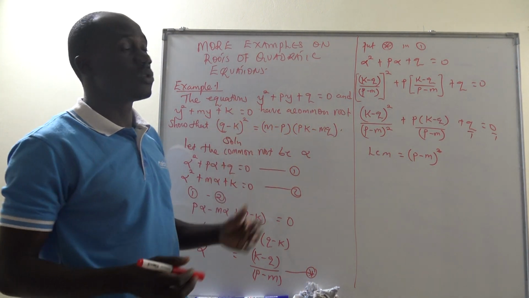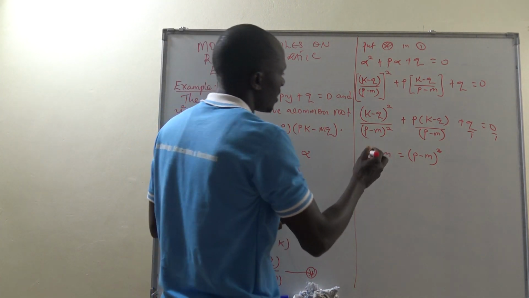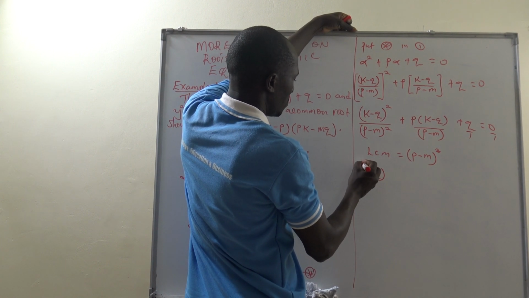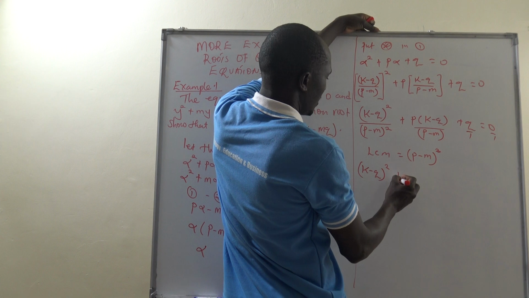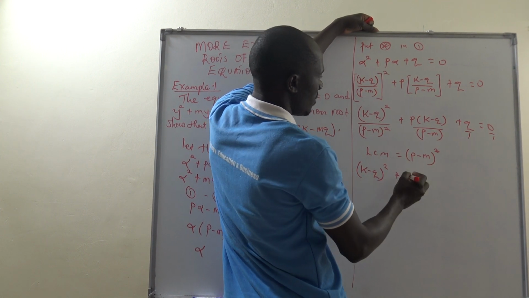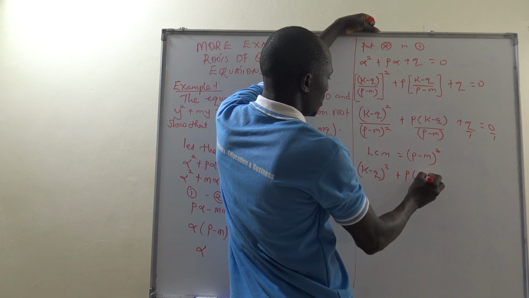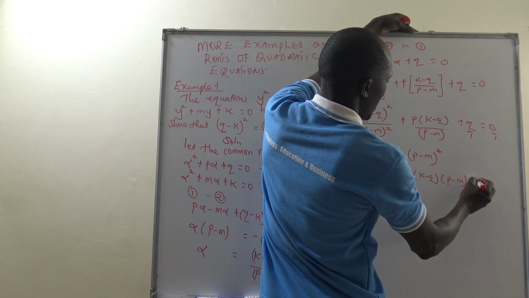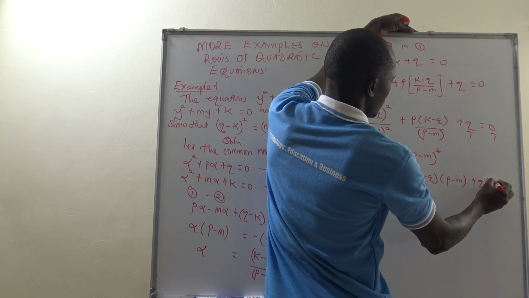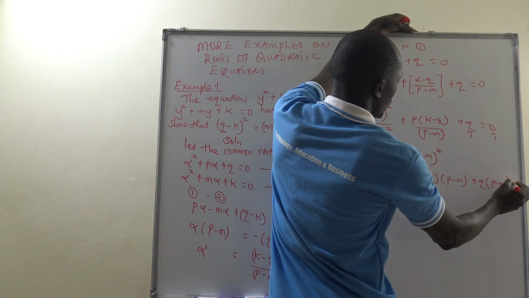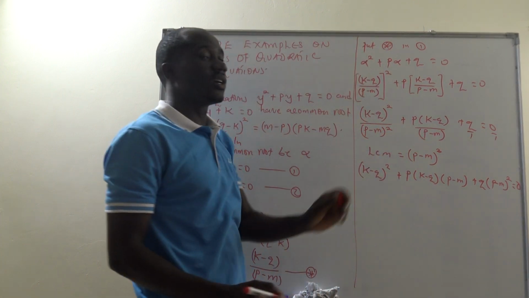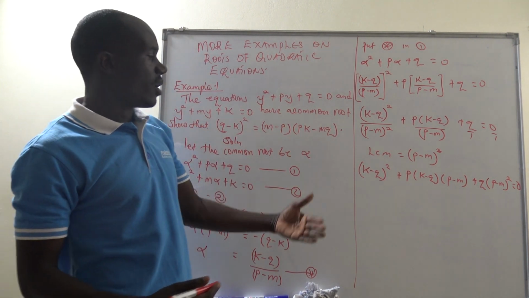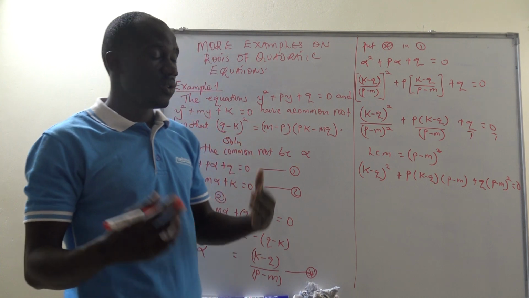So when I multiply, I'm going to remain with k minus q squared, plus p into k minus q into p minus m, plus q into p minus m, the whole of it squared, equals 0 times anything, which is 0. We go ahead and try to open the brackets where possible.